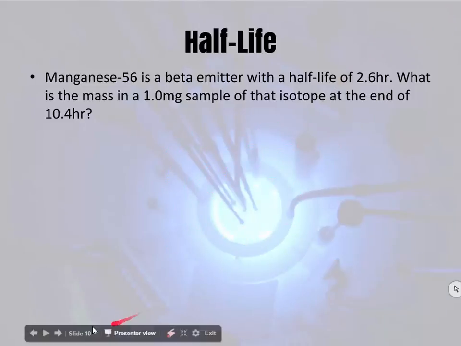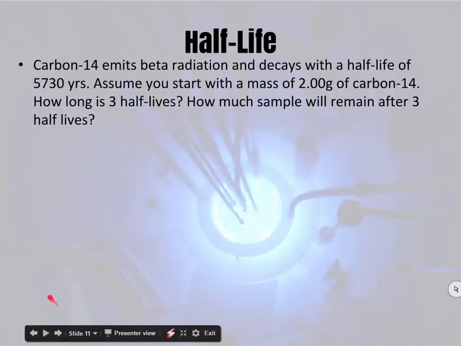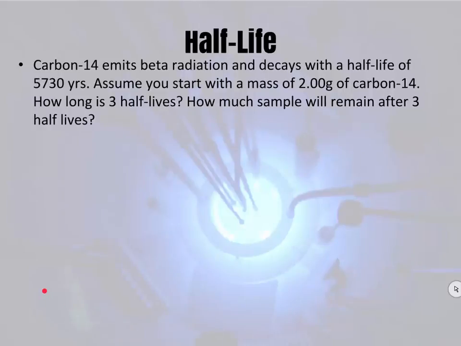Let's try another example. Carbon-14 emits beta radiation and decays with a half-life of 5,730 years. Assume you start with a mass of 2 grams. How long is 3 half-lives, and how much sample will remain after 3 half-lives? Again, I'm going to draw out my table.